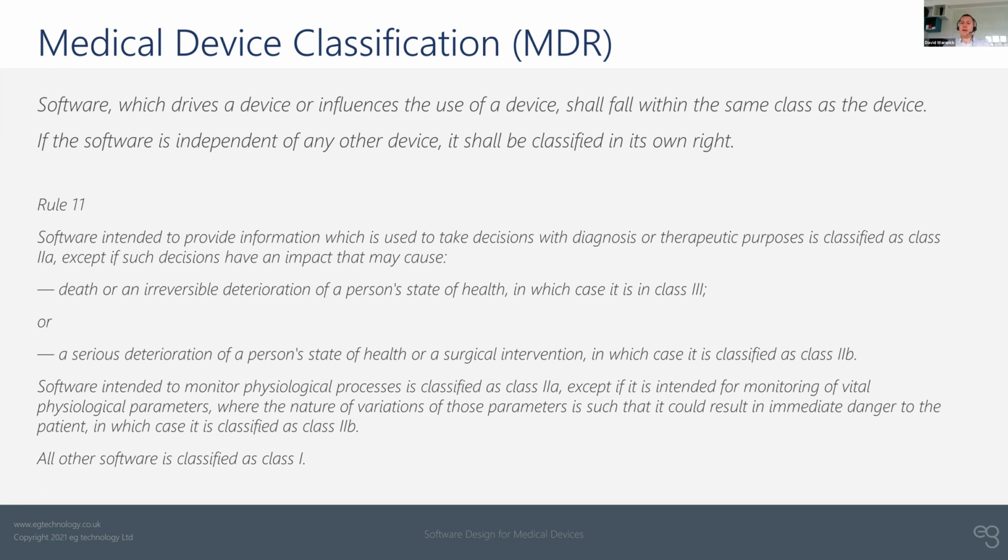So in much the same way that with a class 3 device you have to have very active post-market clinical evaluation, if you've got class 3 software safety, class C AI/ML, you're probably going to have to be proving on a very regular basis that it's still safe and effective, maybe annually or more.